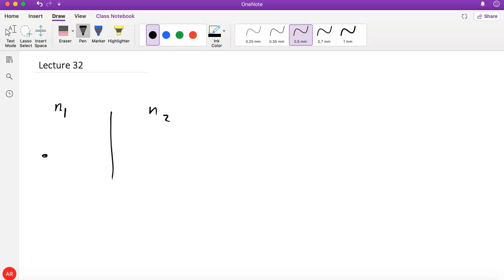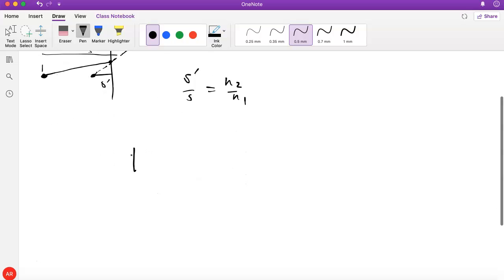If you have an object here, and you have these rays, and let's say they refract away from the normal, in this case n2 is smaller than n1. You're going to find an image over here that's closer to the interface, and if this distance is s, this is s prime. We found that s prime over s in the limit of small angles is n2 over n1.